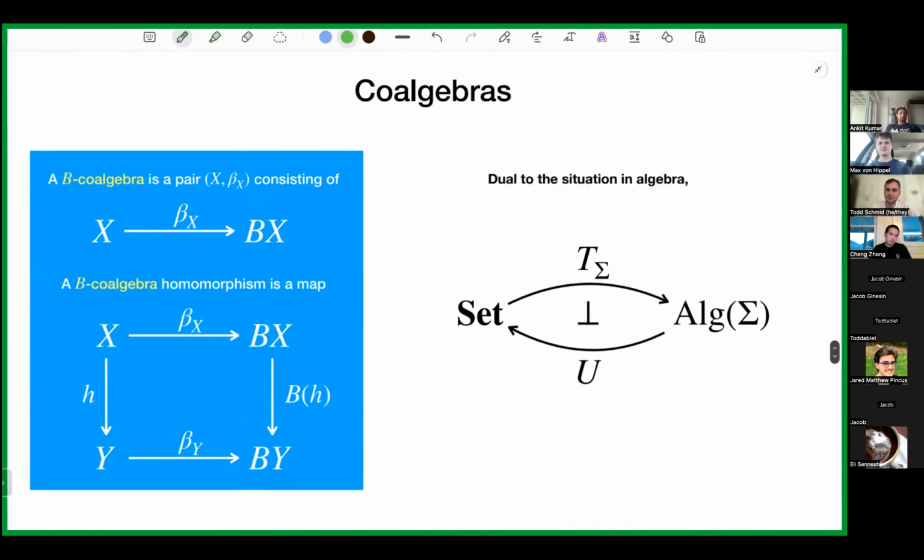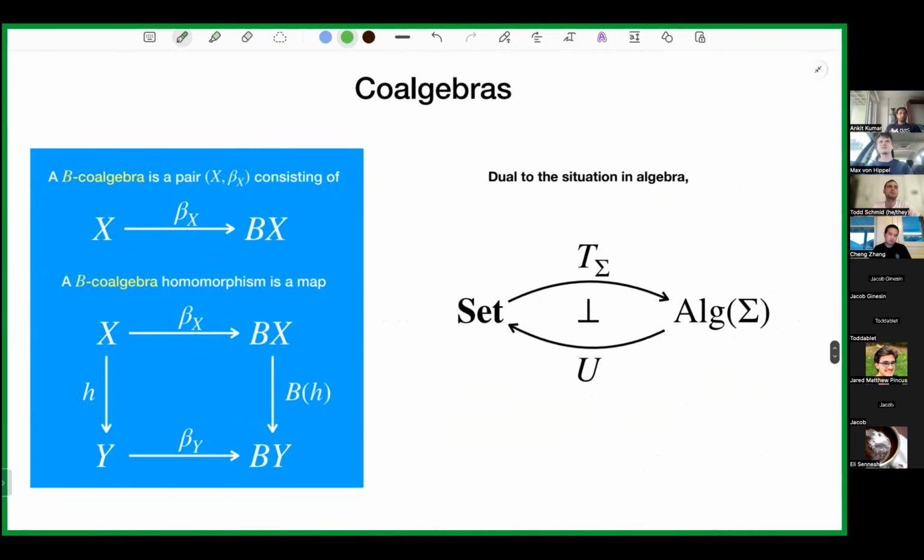In order for us to do this, we not only have to flip this arrow around and talk about an injection instead of a quotient, but we also have to figure out what to do with the term algebra, which played an important role in interpreting equations.